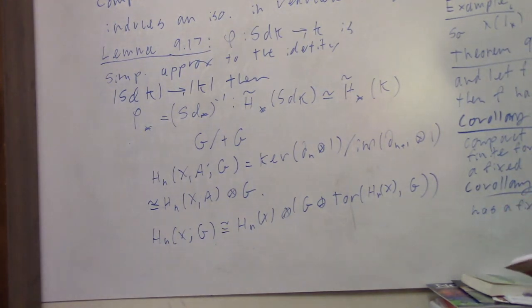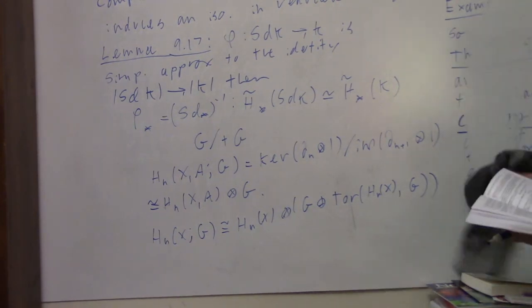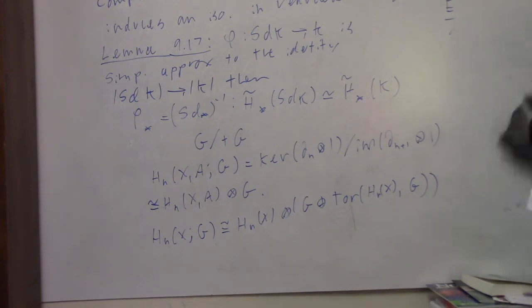And then finally, the Künneth formula. After he talks about the coefficient groups, there's the actual result we're after. It's kind of weird.